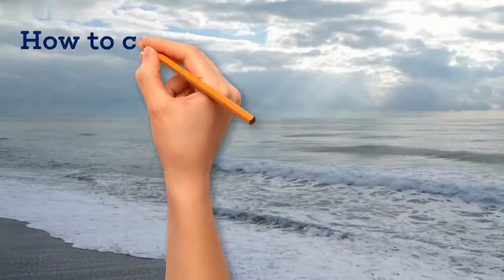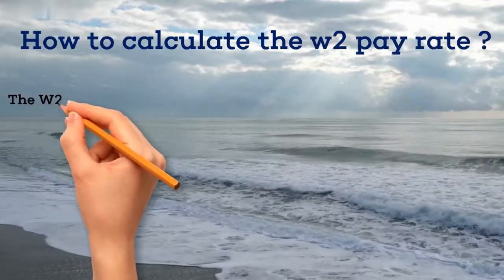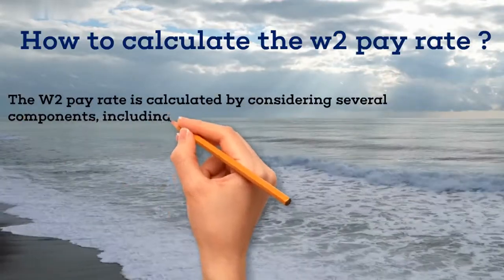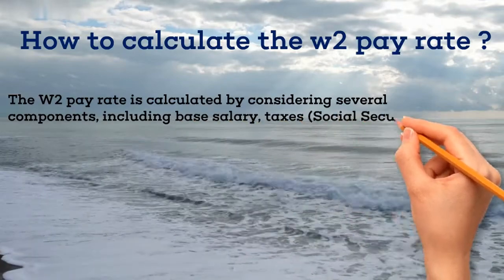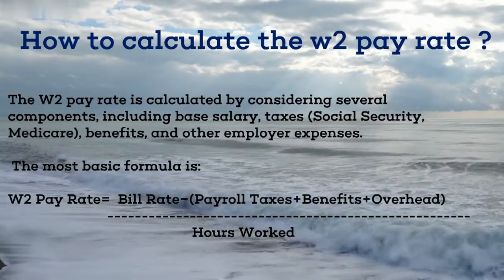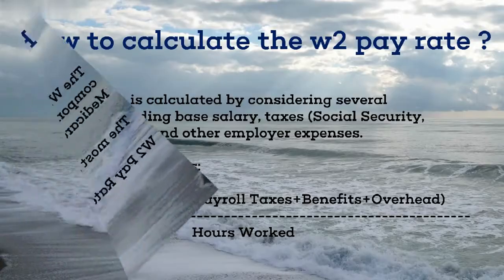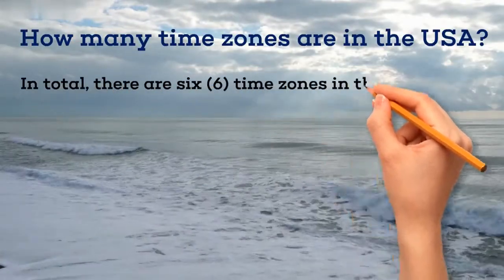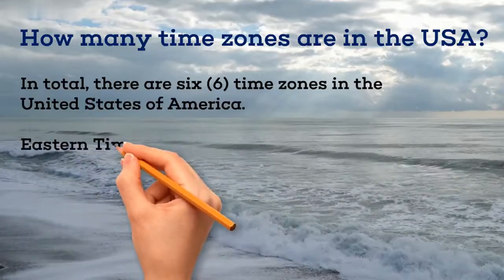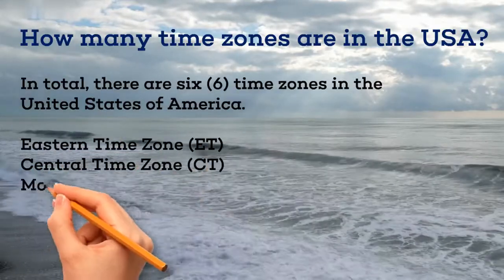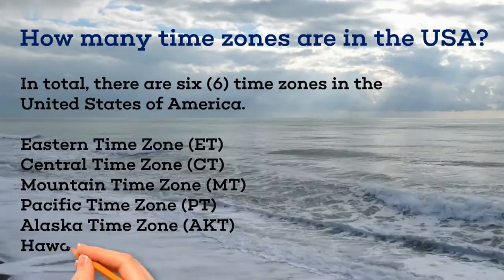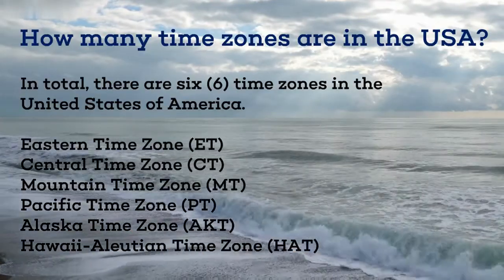How to calculate the W2 pay rate? The W2 pay rate is determined by a combination of base salary, taxes, benefits and other employer expenses. How many time zones are in the USA? In total, there are 6 time zones in the United States of America: Eastern Time, Central Time, Mountain Time, Pacific Time, Alaska Time and Hawaii Time.